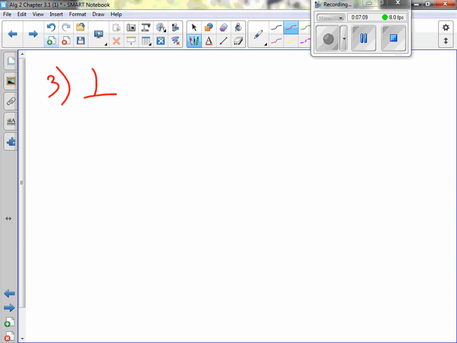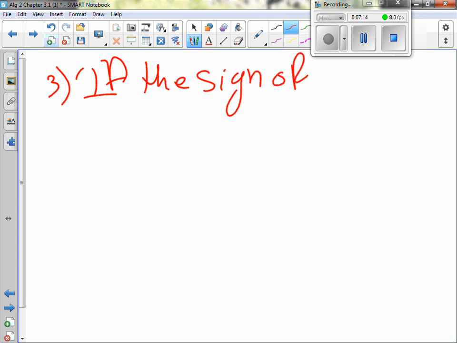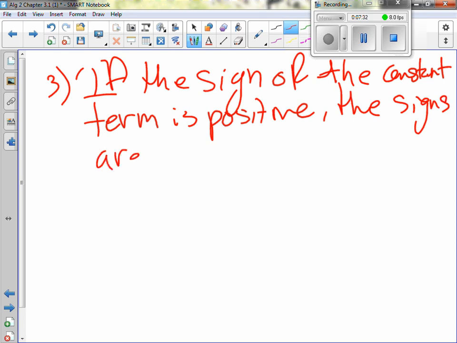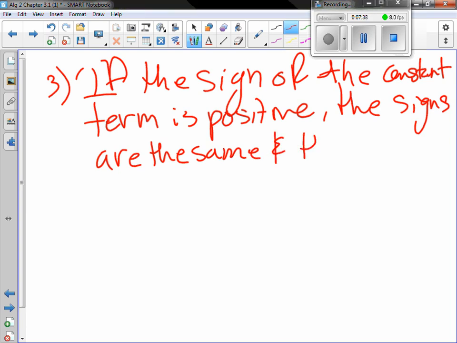Part of step 3. If the sign of the constant term is positive, the signs inside the parentheses are the same, and they match the middle term.